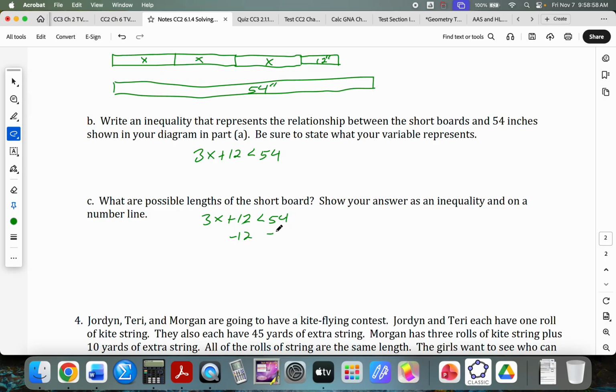So we would cut 12 off of both sides. And I have 3x is less than 54. Oh, sorry, I didn't subtract. 42.